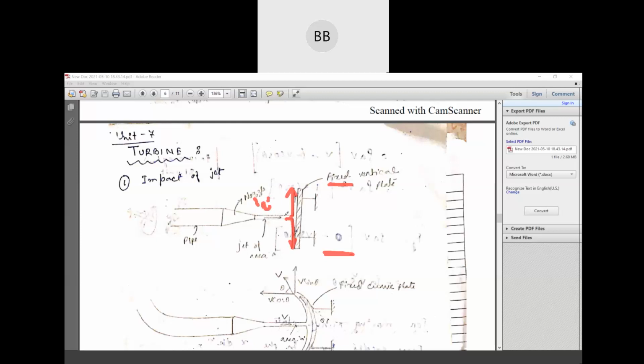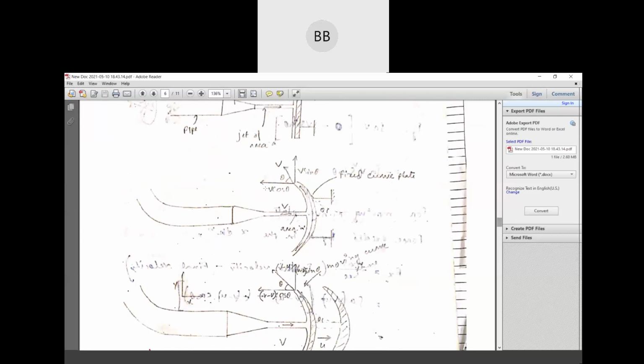Though it will be dispersed when it strikes, those things we are neglecting. We are assuming that half of it goes upward and half of it goes downward. So this is your vertical plate.